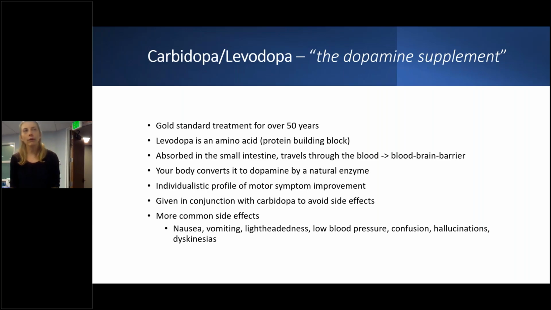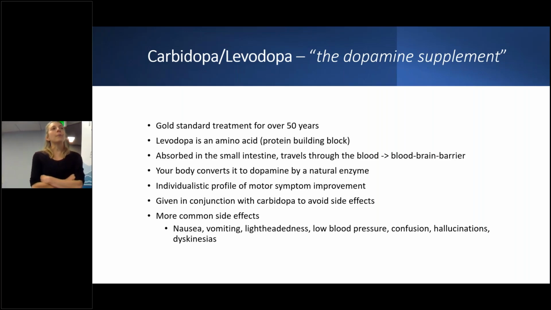Carbidopa prevents those side effects because none of the levodopa goes to dopamine in the blood. It goes just to dopamine in the brain, okay? That avoids the side effects. And so you will not find just levodopa. The only formulation where there's levodopa alone is an inhaler called Inbrija. That's a whole separate story.